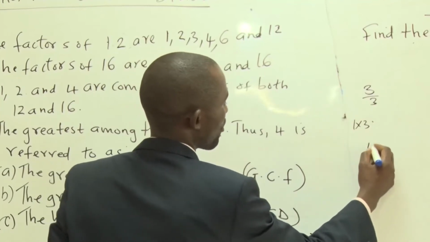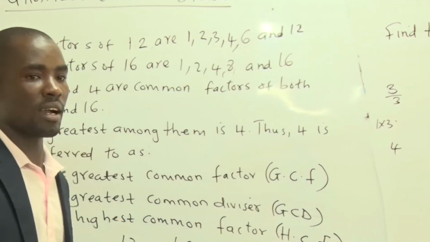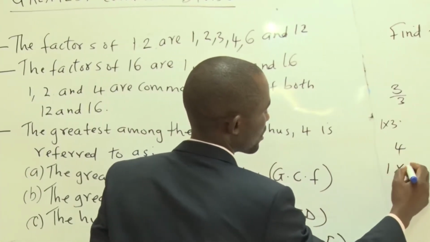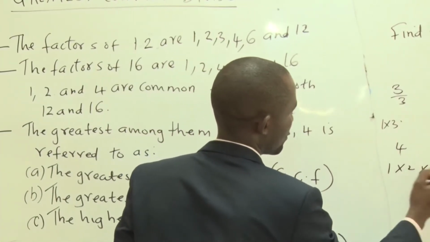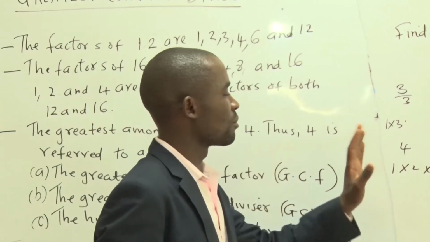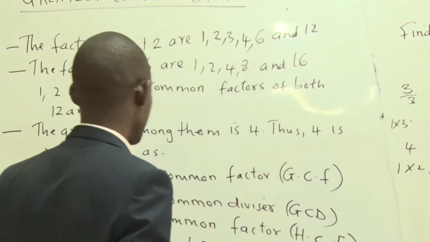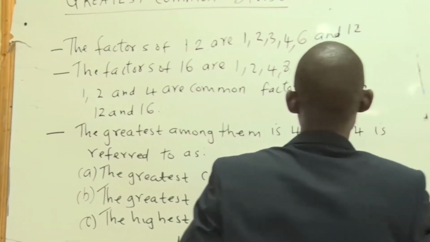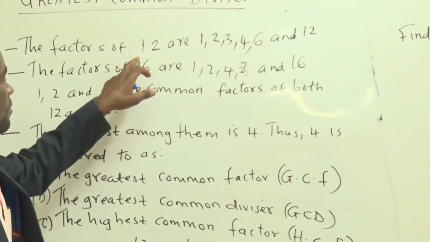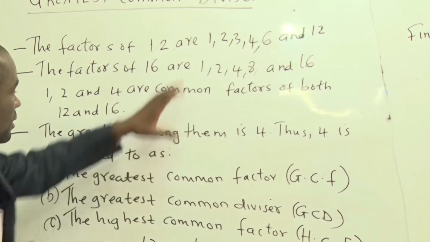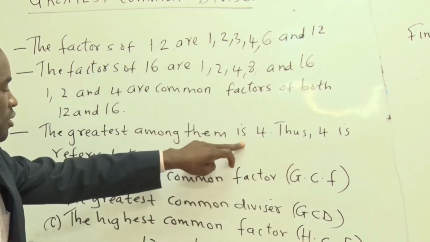But 4 is not a prime number because 1, 2, and 4 will divide it, meaning it has more than 2 factors. So if you get those prime factors of 12 and 16, from there you will be able to get the common number, which is 4, as we have said in the notes.